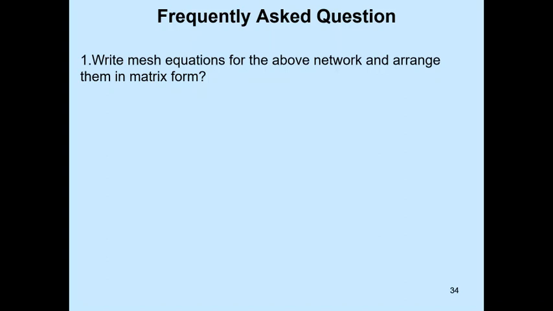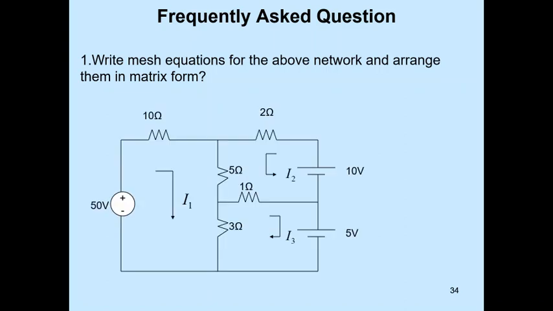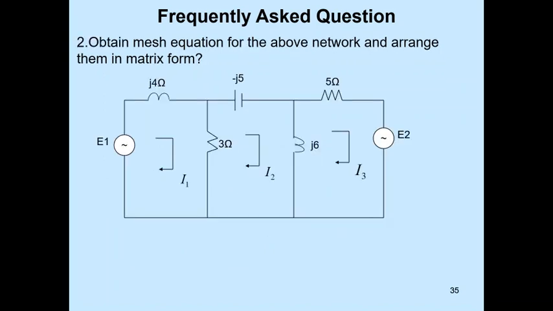different types of circuits. For example, this is one circuit and this is another circuit. In this circuit, three meshes are identified and we have to write in a matrix form.